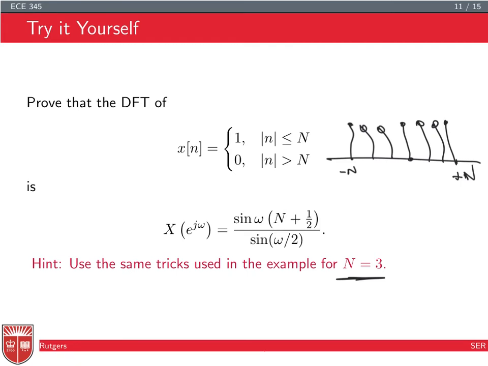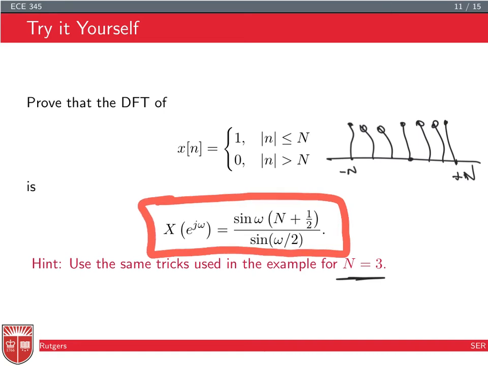The answer is that you have to prove that the DTFT looks something like this. And you can easily notice that it looks very similar to what we did before, to the signal before. So the signal before, the box started at n equal to 3. And if you plug in n equal to 3, you get the result from before.